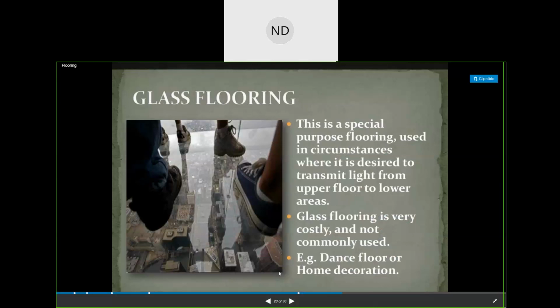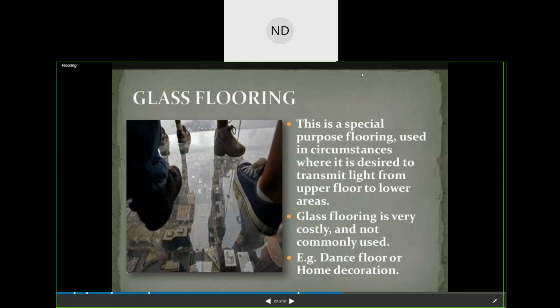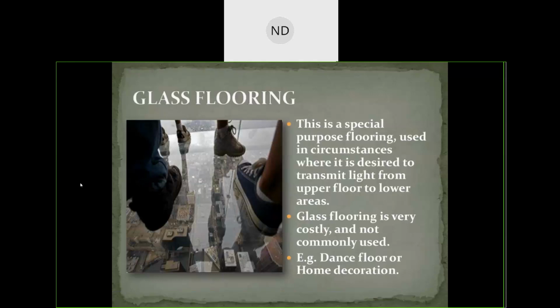Nowadays, in some buildings or structures, glass is used in walls too, for example in a lift, so that light and brightness come inside and you can see from here to outside. In the same way flooring is also done.